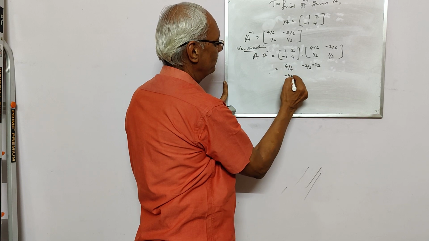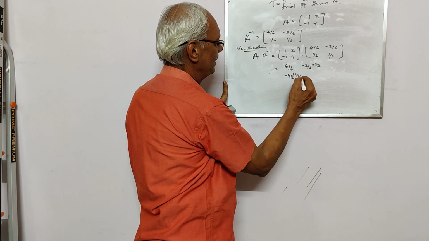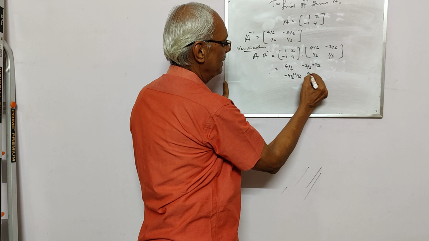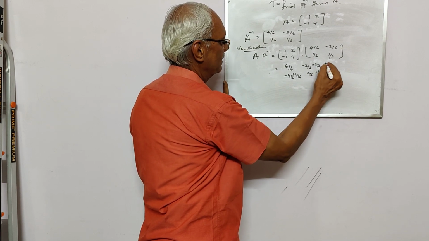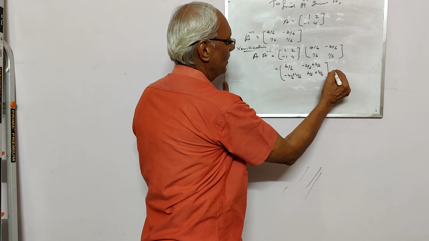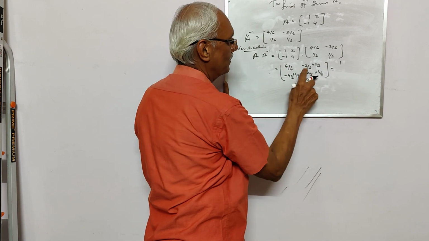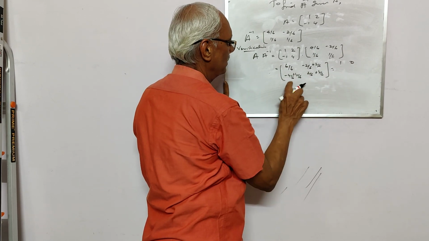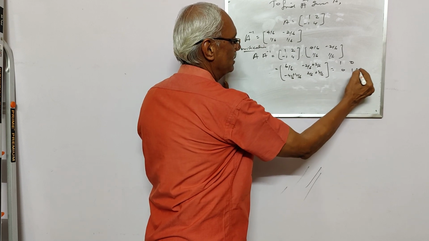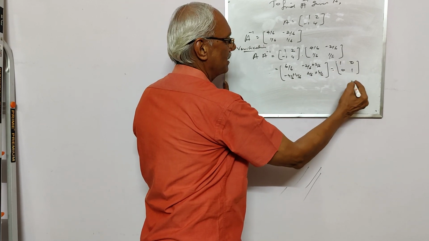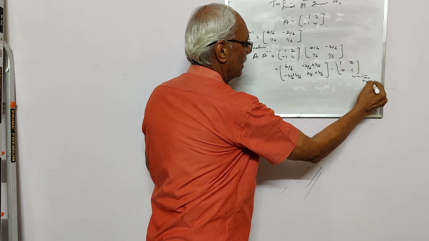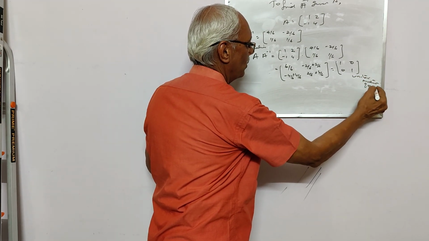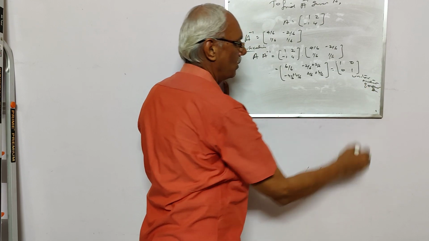Multiply this, minus 4 by 6 plus 4 by 6. Multiply this, 2 by 6 plus 4 by 6. So 6 by 6 is 1, this is 0, this is 0 and this is 1. Now you get the unitary matrix of order 2.